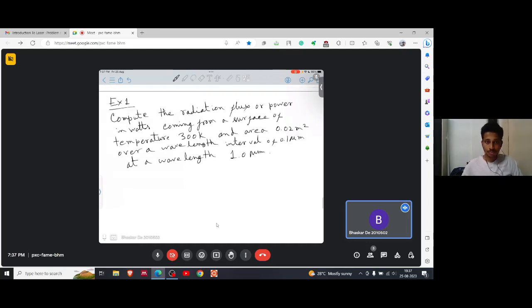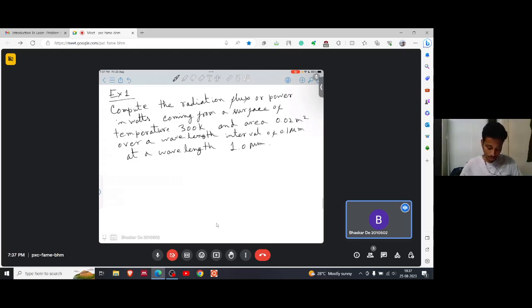So here we need to compute the radiation flux or power in watts coming from a surface of temperature 300 Kelvin. So the surface is near room temperature and the area of the surface is 0.02 meter square, and the wavelength we are considering here has an interval of 0.1 micrometer and the central wavelength is 1 micrometer.